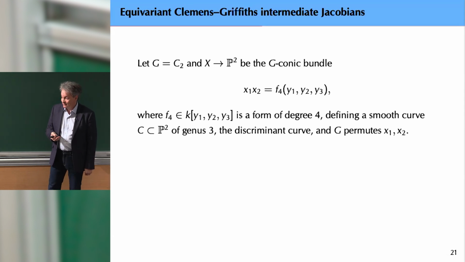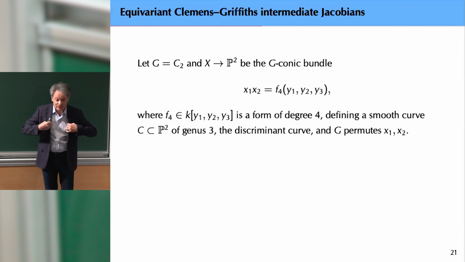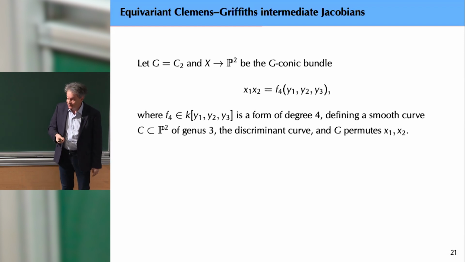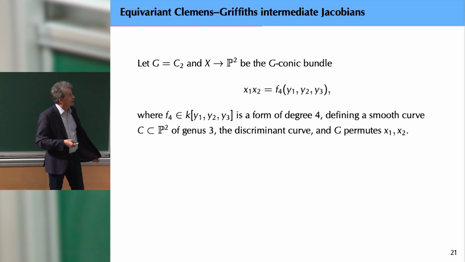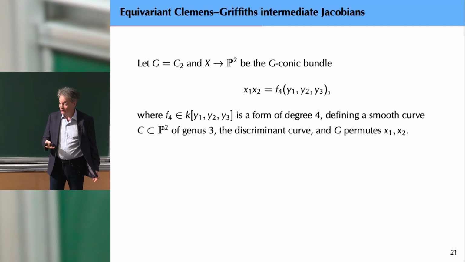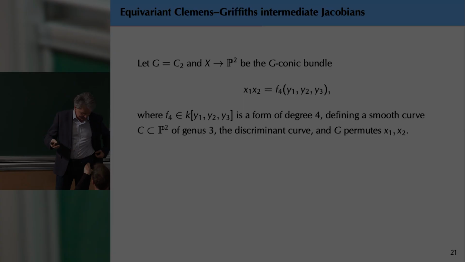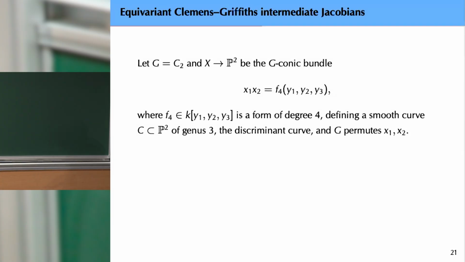It's actually a conic bundle. So if instead of x1, x2 you write x1 squared plus x2 squared, you already see the conic. Of course, it's a rational conic bundle because you can simply solve for x1. If all the other variables are specified, then you can solve, and that means that you have a rational threefold, obviously. But now imagine that x1, x2 are exchanged.